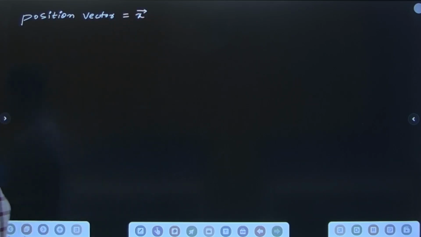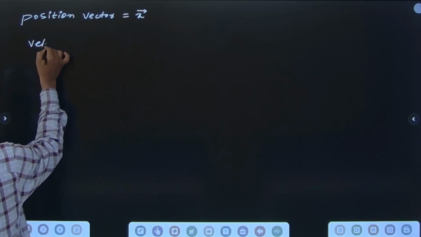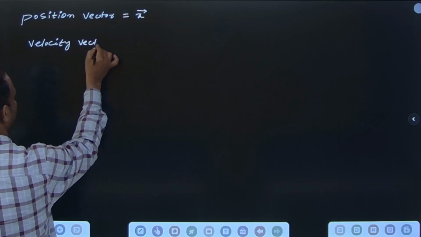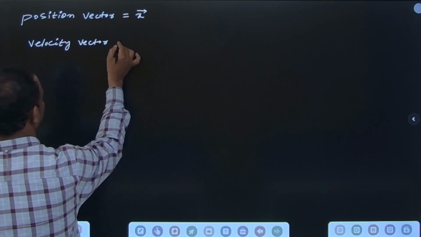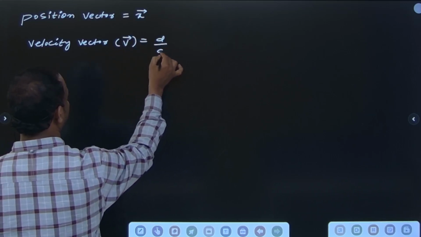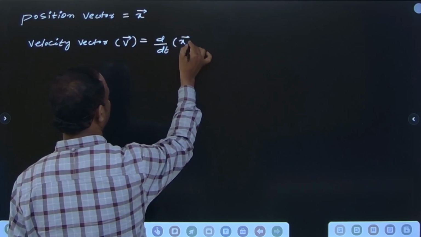The velocity vector v bar is equal to d by dt of x bar.